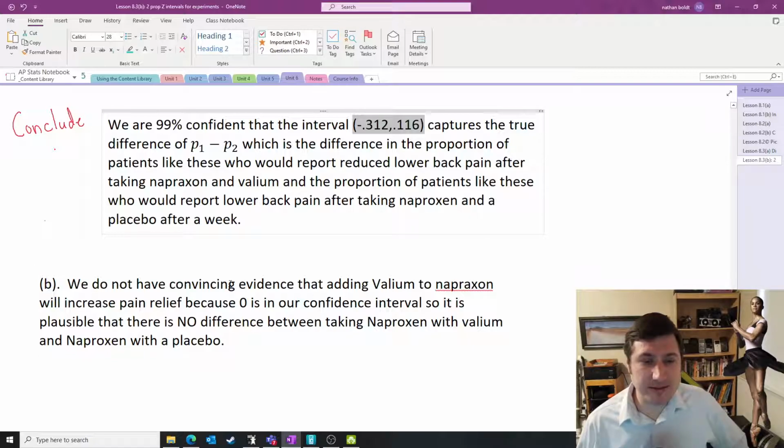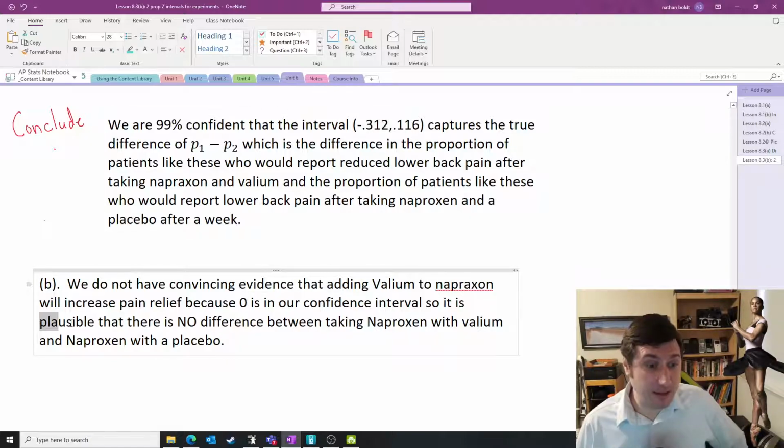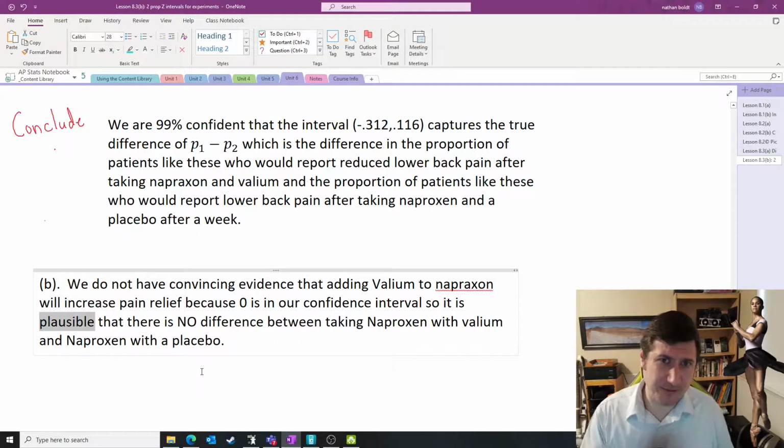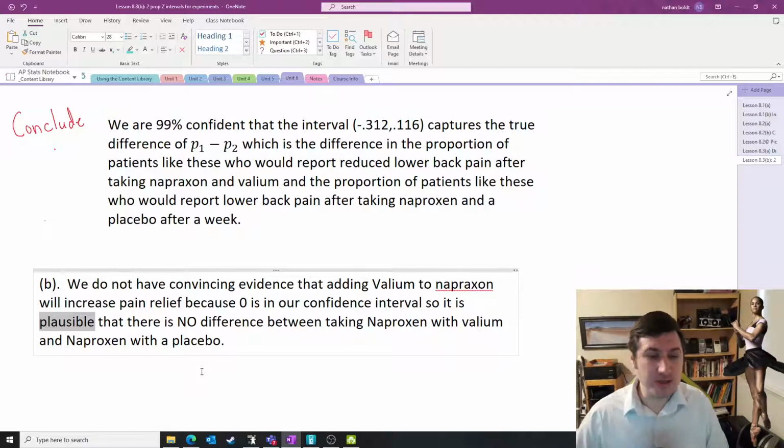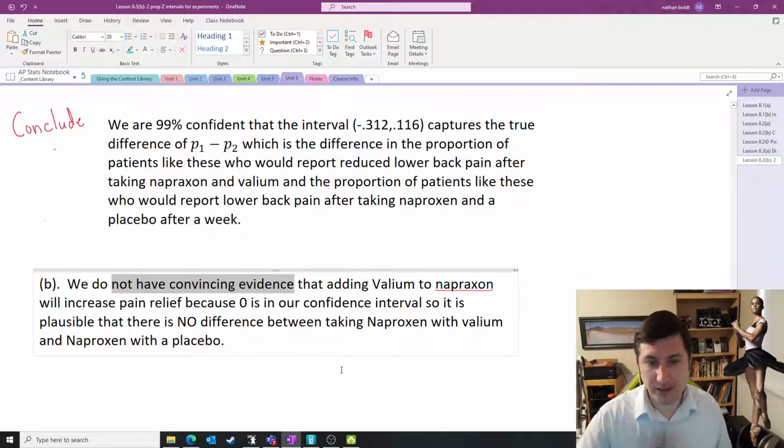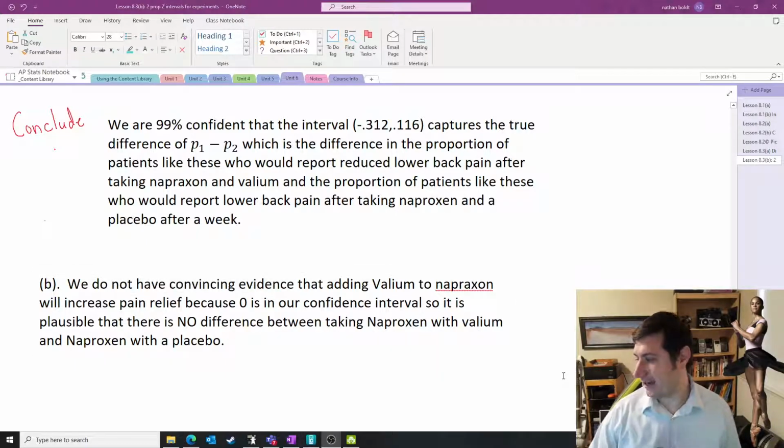We just know that 0 is a plausible value. We don't know that 0 is the value. I'm hoping you can see the difference there, that you don't accidentally, in your justification here, state more than we know. We don't want to say that 0 is the value. It is just a plausible value. So we do not have convincing evidence that our treatment is doing anything extra, okay? That's kind of an important idea.